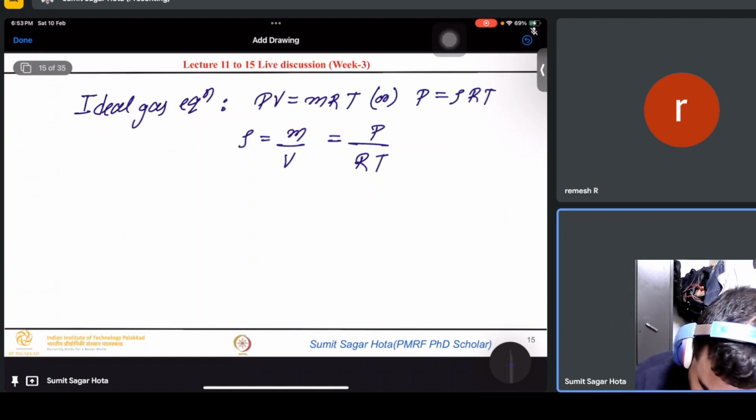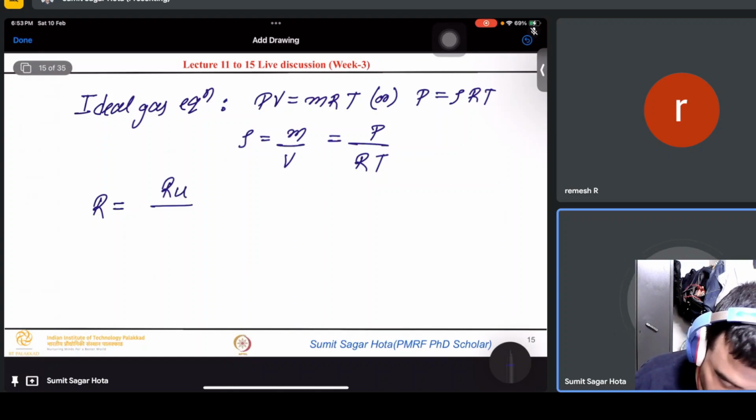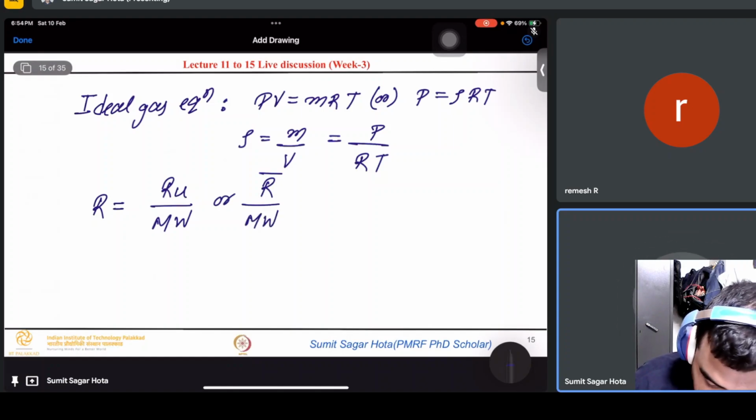Now the gas constant R equals R universal, divided by molecular weight. Sometimes we write R bar by molecular weight, different notation.